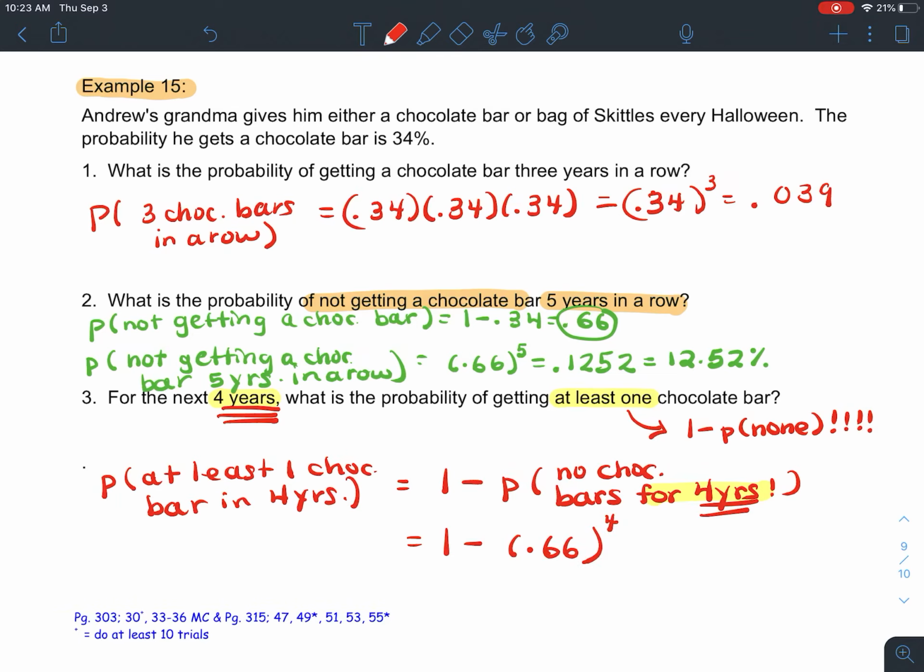Okay, now we know up here what it is for him not to get a chocolate bar just for 1 year. Okay, but I need to show that he hasn't gotten a chocolate bar for 4 years in a row. So this is the crucial part, that we're raising that 66% to the 4th power, and then that is being subtracted off of 1. That's going to give us an 81% chance there.